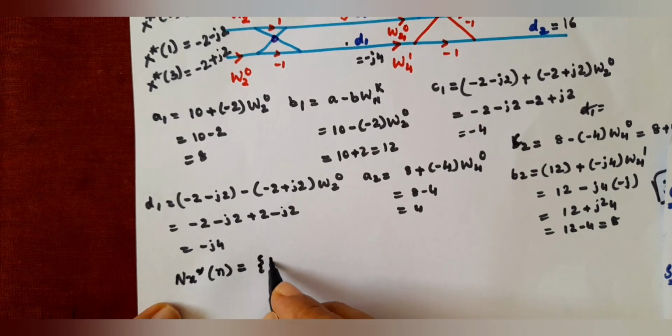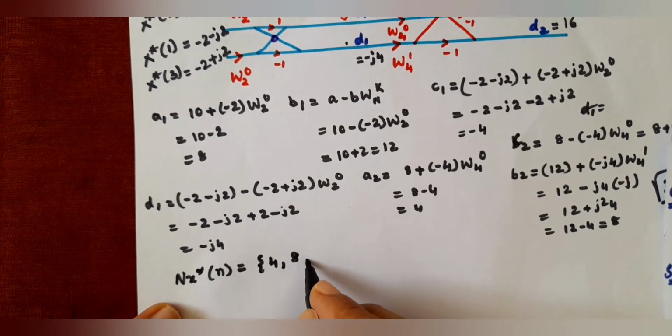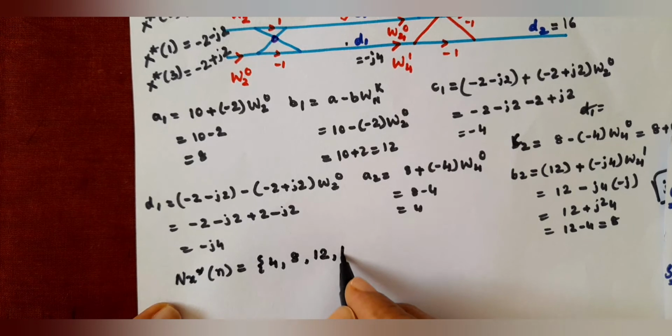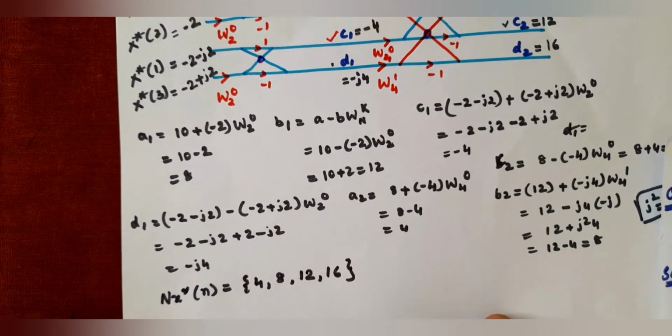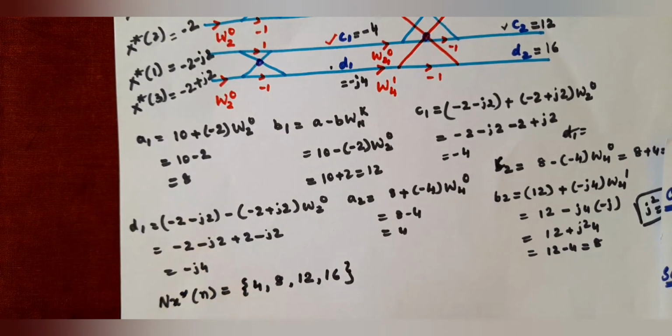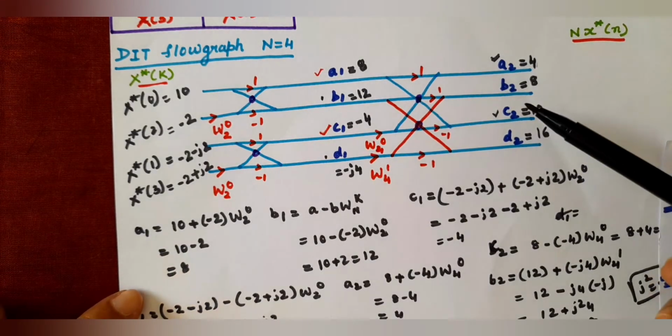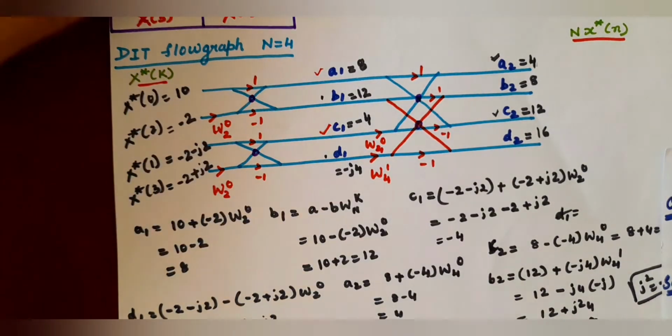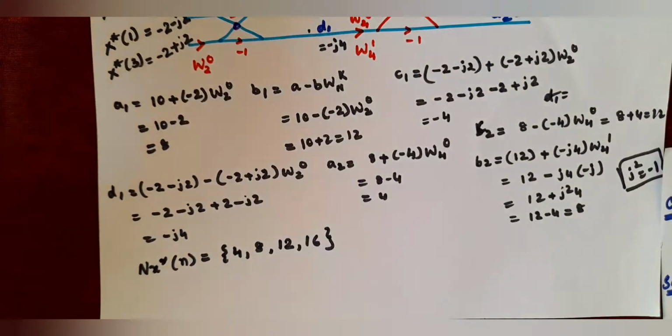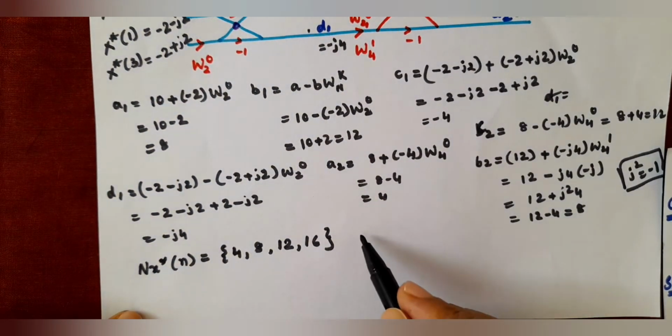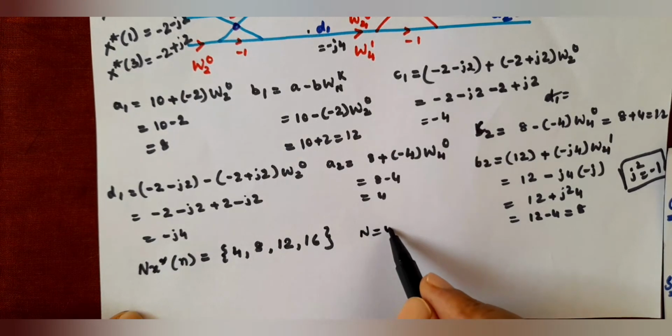That is these values 4, 8, 12, 16 is n x star of n. What is capital N? Capital N is 4.